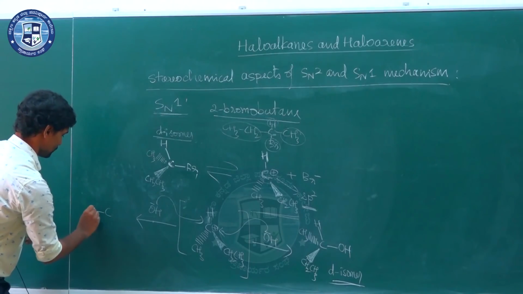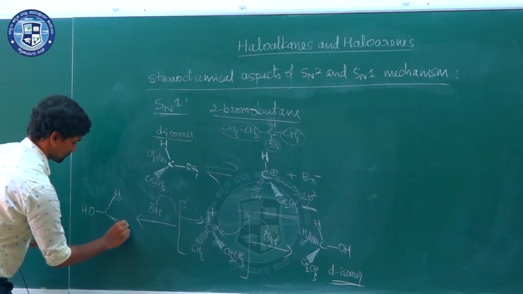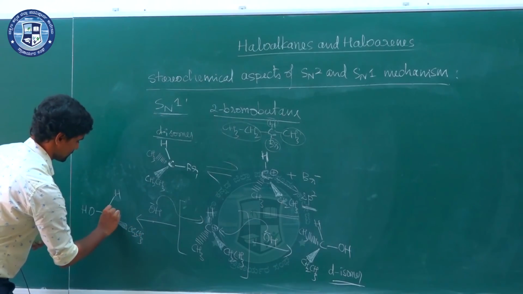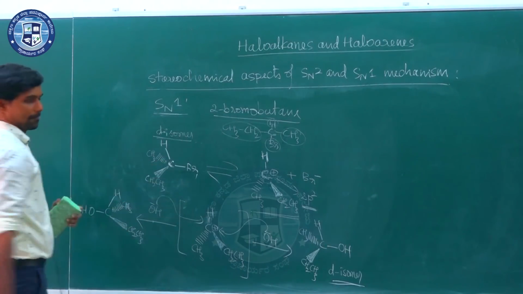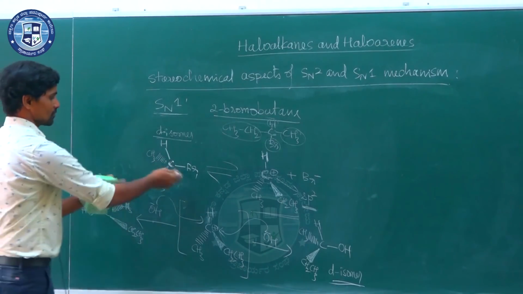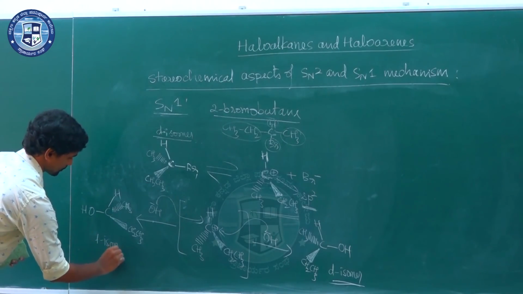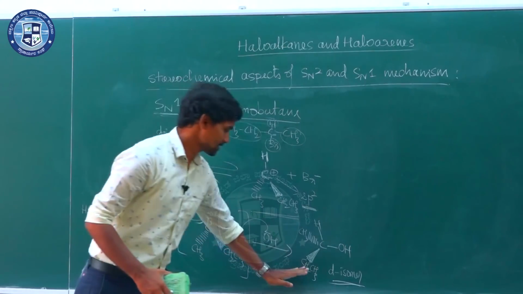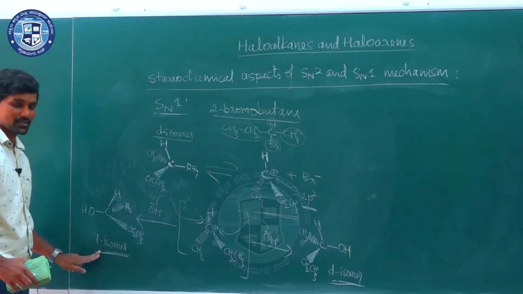So OH and H here, CH2 CH3, this is CH3. If you compare this configuration with the reactant, inversion of configuration takes place, and this will be the L isomer. So you get 50% product which is the D isomer and 50% product which is the L isomer.